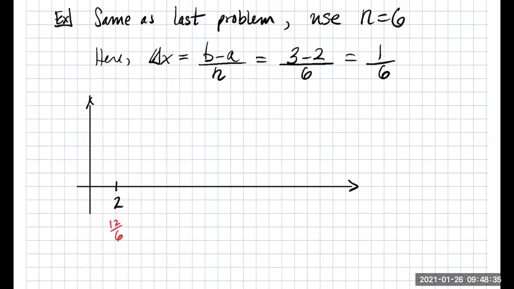I'm going to make a note to myself that 2 is the same as 12 over 6. How does that look? You can see plainly the 6 subintervals. You can see them all.